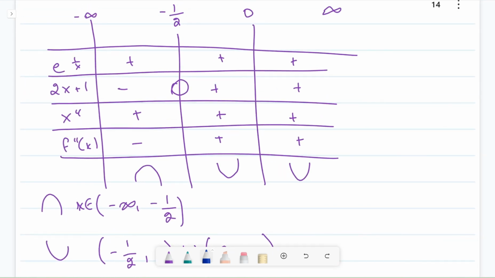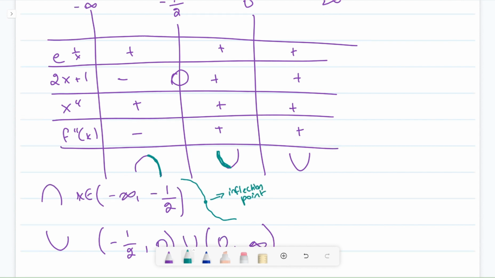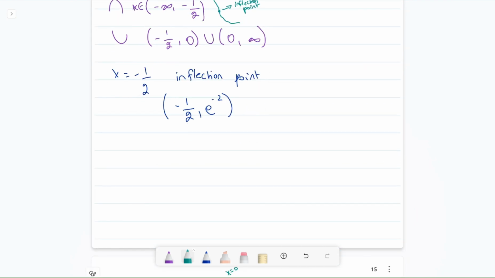If the graph is decreasing and we have this downward concavity, the part of the graph that interests us is this second part of the concavity. So from negative infinity till negative half, we have this second part of the downward concavity. And from negative infinity till 0, we have this first part. So basically we have something that will look like this. And this would be our inflection point. So maybe let us graph our inflection point and base ourselves from it.